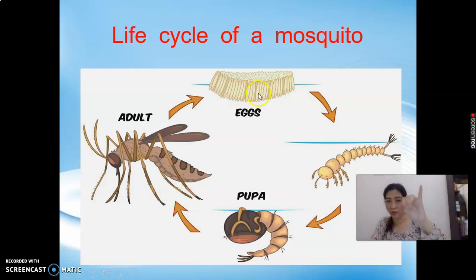This is number 1. 2, larva. Then after larva is pupa. Then after pupa is adult mosquito. Adult mosquito. Then when the adult mosquito is pregnant, then she has an egg. Then number 1, number 2, larva. Number 3, pupa. And number 4, adult mosquito. That is a life cycle of a mosquito.